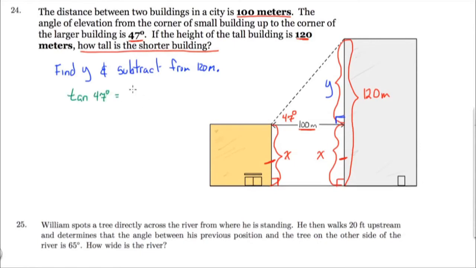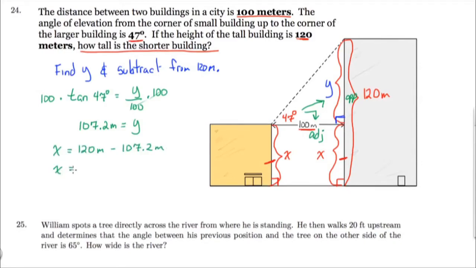So if I can just find the extra bit of height, y, that I've labeled here, I could subtract that from 120 to figure out what x is, which would be the height of the apartment building. So by using tangent again, I can find y is 107.2 meters, subtract that from 120, and I get 12.8 meters. So the shorter building is 12.8 meters tall.